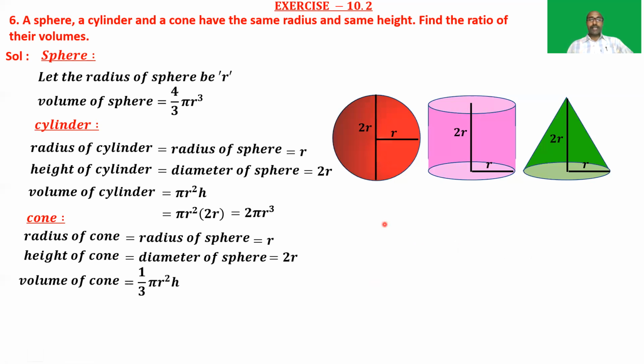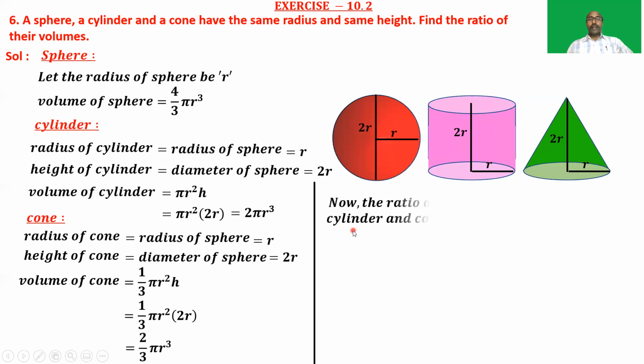Substituting r is equal to r and h is equal to 2r, we get 1 by 3 into pi r square into 2r, that is 2 by 3 pi r cube. So now we get the volumes of all these three figures.